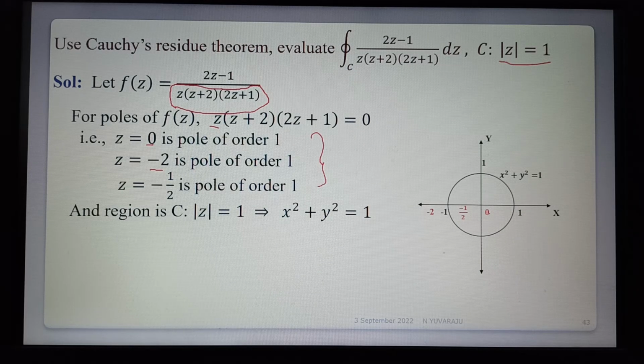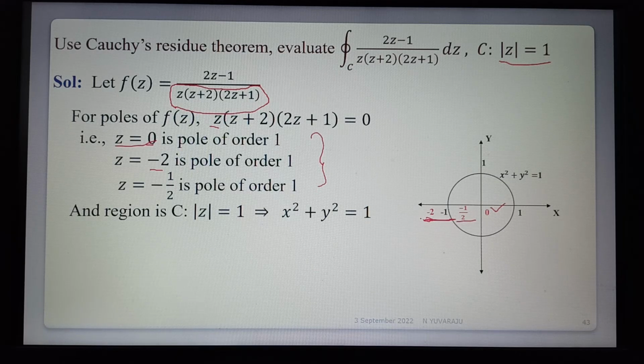See the points here: z equal to 0 is the origin. Next z equal to minus 2, and next z equal to minus 1 by 2, all on the x-axis. So 0 is inside this circle. Minus 1 by 2 is also inside the circle. Minus 2 is outside, so minus 2 is not required and we will not discuss it.